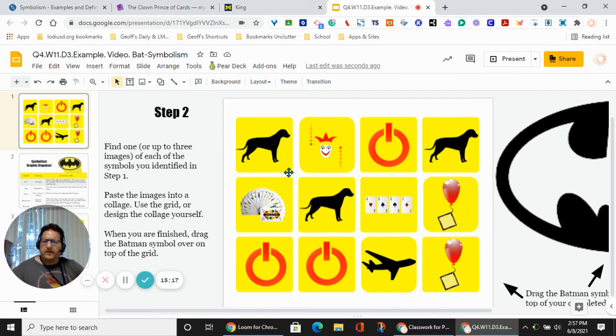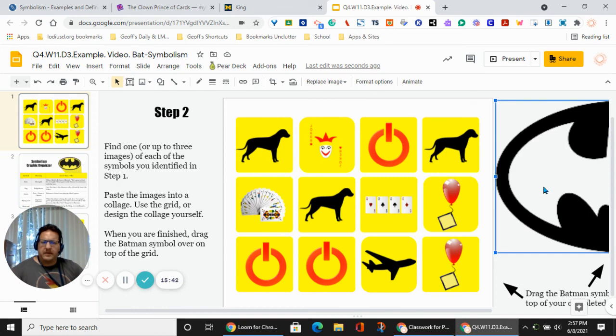So the next thing I want to do now, because all these pictures are new, they're newer than any of the pictures that were included when I created the template. Newer ones are in layers added on top of what was already there. So you can actually control the order of pictures. And so we want to do that in this case. So I'm going to go over to the Batman symbol. I clicked on it to select it.